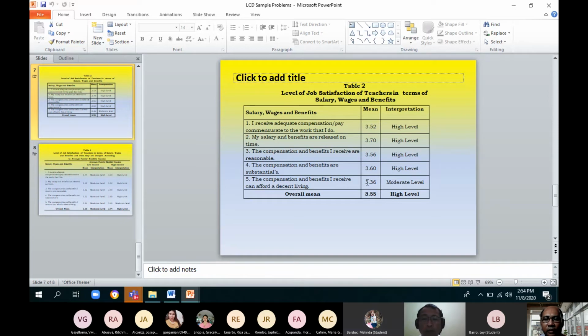So 3.36 siya, meaning moderate level. So ito ang i-append nyo. Kay nag-lowest siya. Do not give the implication sa highest. Kay highest na nasaya. Always sa lowest result ka mo ma-implicate. So why? Sa inyong school, ang compensation and benefits hindi siya maka-attain sa inyong in a decent living.